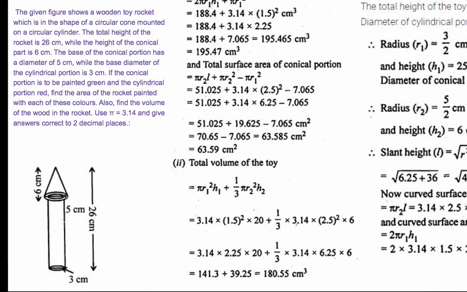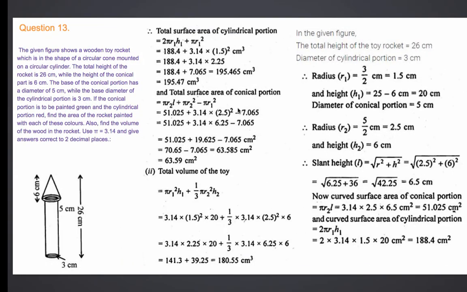So from this total base area, pi capital R square, with 5 centimeter as the diameter, that means 2.5 as the radius, I'll subtract the area of this cylindrical base, which we have already calculated, 7.065, right? Putting the values, pi r l is 51.025, plus pi capital R square, pi is 3.14, R is half of 5, 2.5 square, minus 7.065.